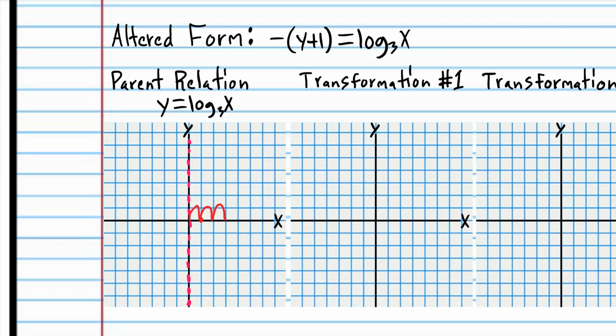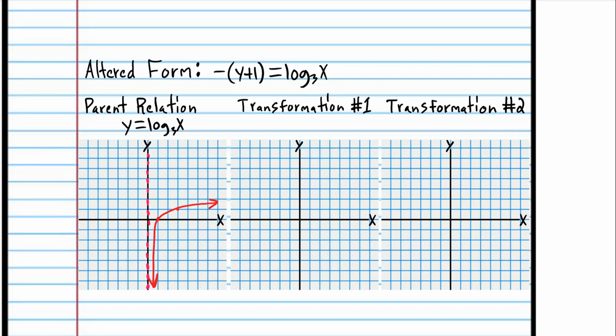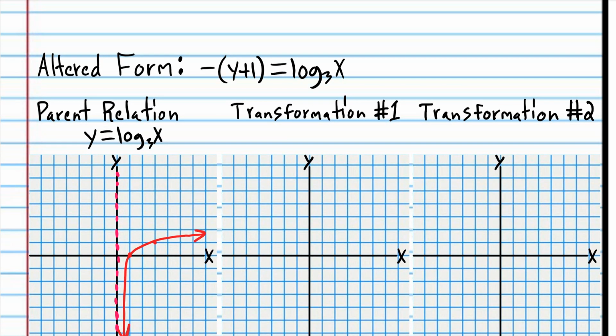So 1, 2, 3, 1, 2, 3, and then 1. And those are the only points we really need to graph this relation. But now we're going to write a negative on the y, or we're going to replace y with negative y.